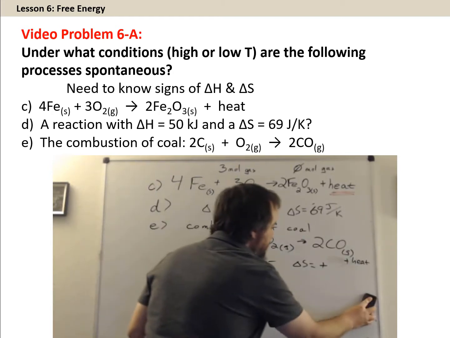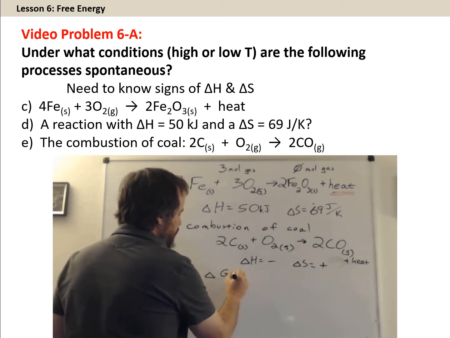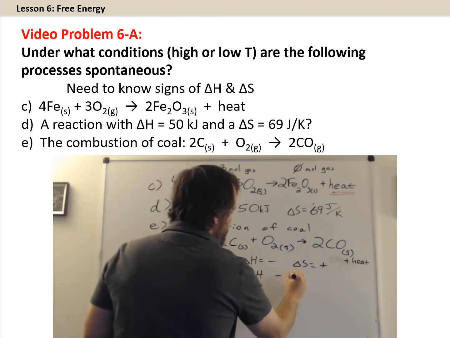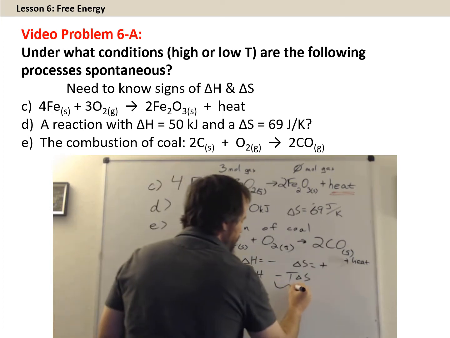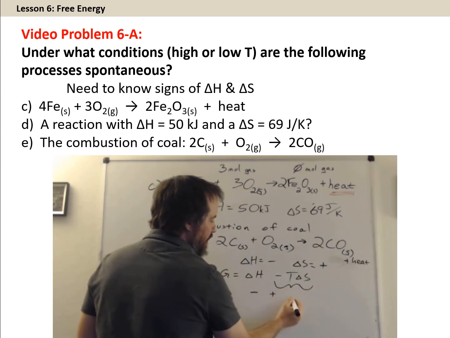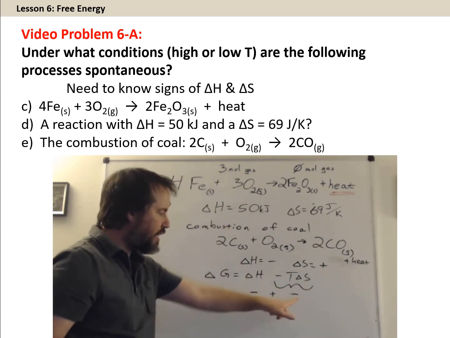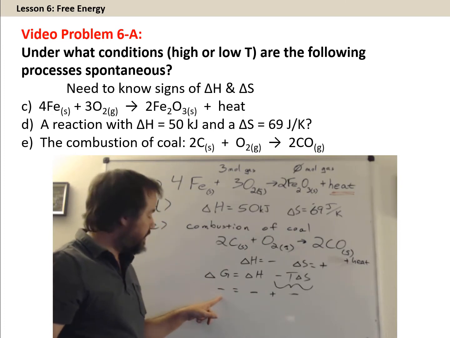Okay, so delta H is negative, delta S is positive, so delta G equals delta H minus T delta S. This term will be negative, and if delta S is positive, that means it'll be a negative plus a negative. So how do I get a negative delta G?